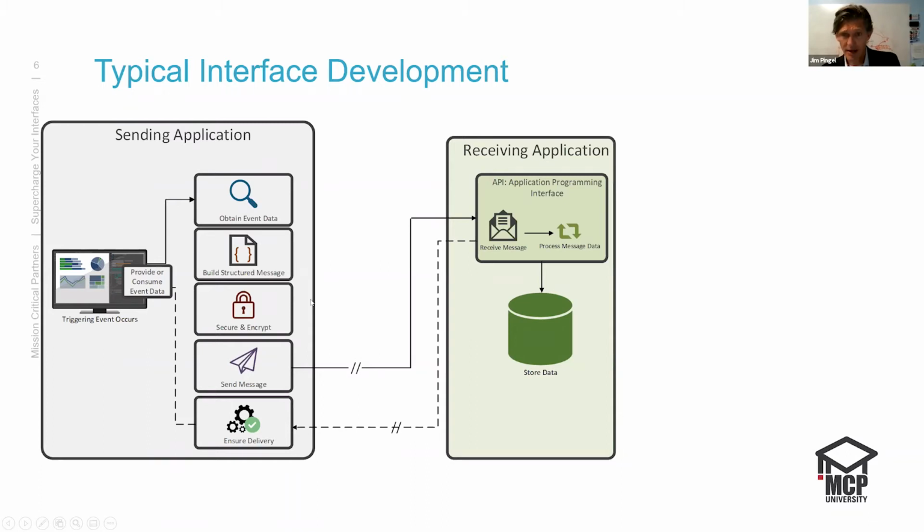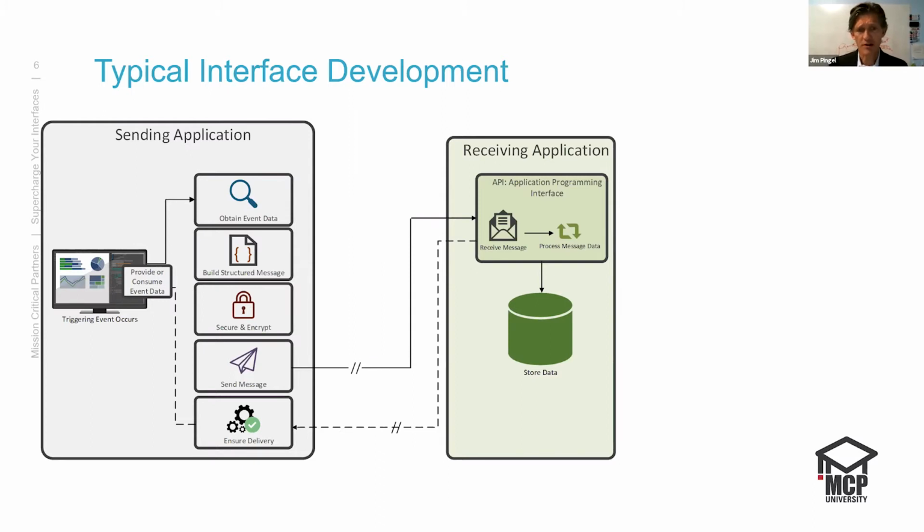On the right-hand side, we're going to use the green box to represent the target system or target application. If your system is sending information to another system, this is the to system. This is where the information is bound. Note these diagrams assume your system is going to be the sender. Most of this is true in reverse if your system is the recipient, and we'll talk a little bit about that as well.